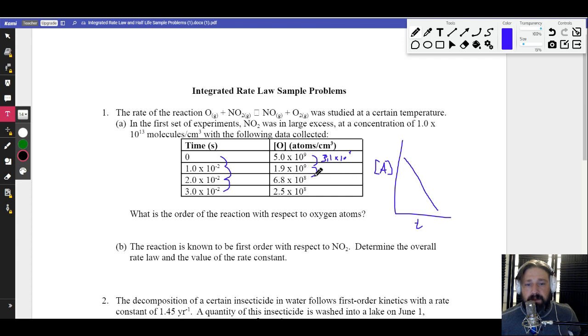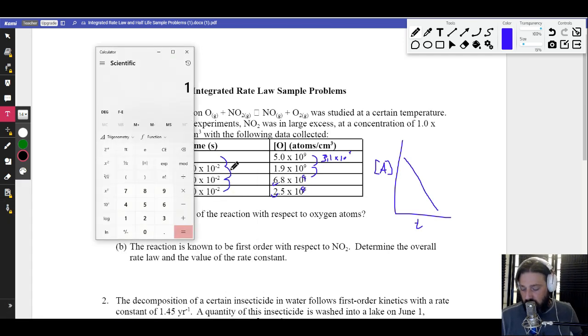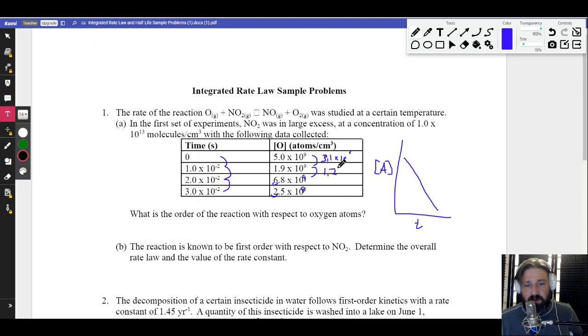What does this turn out to be, though? I'm going to move these decimal places over to put them at the same thing. So 1.9 to 0.68 is not 3.1. Let me grab a calculator real quick. 1.9 minus 0.68, so this is dropping by 1.22 times 10 to the 9th.